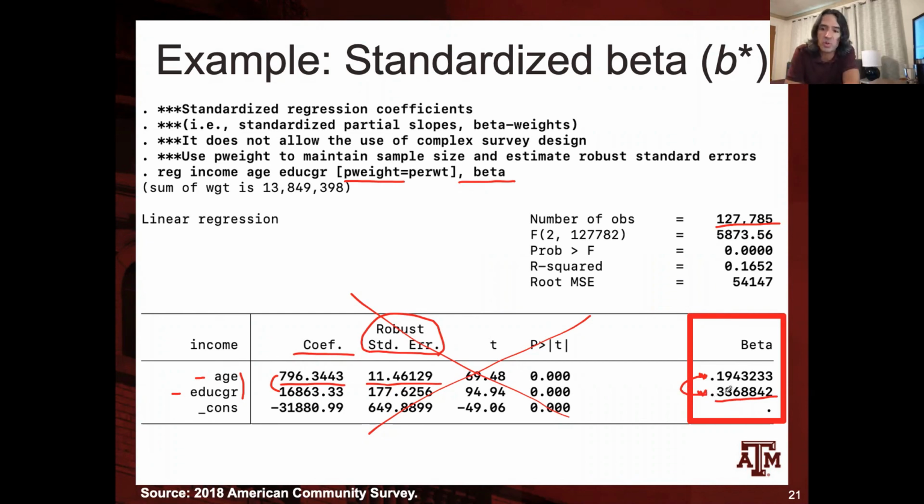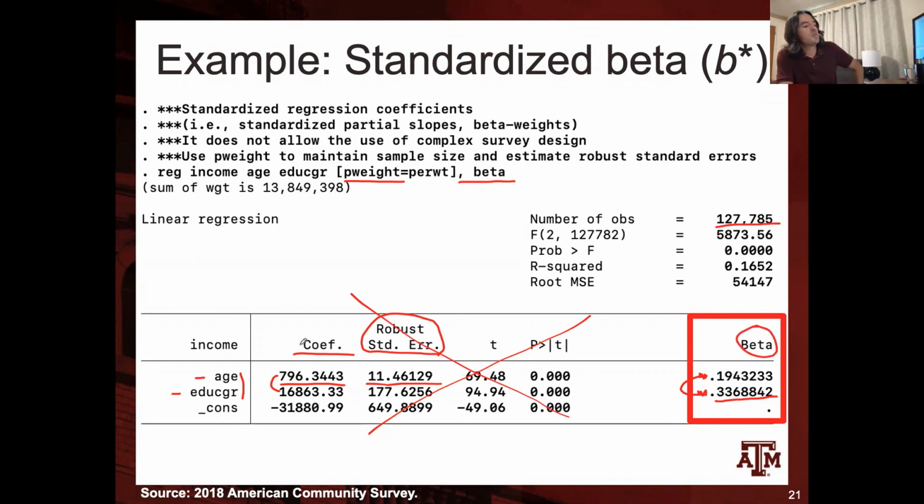It's 0.33, and age is 0.19. It's closer to 0. The farther away I am from 0, the stronger the magnitude, right? So we are talking about the magnitude of the coefficient, and that you do with the standardized beta.